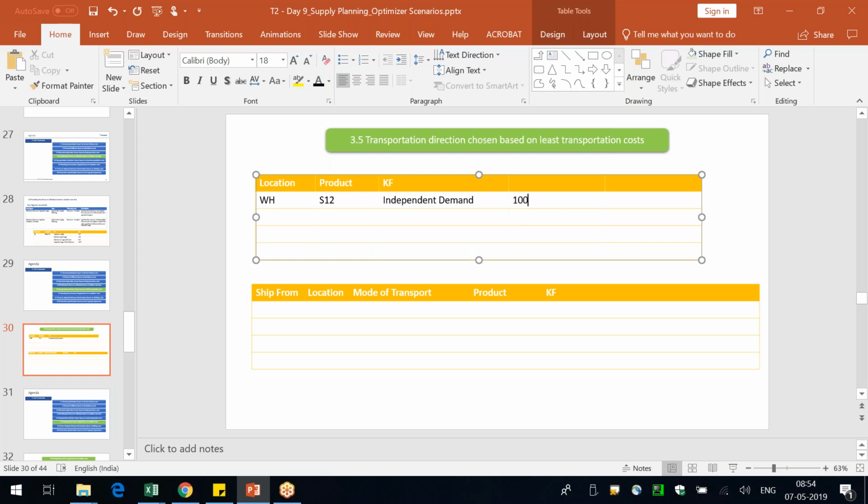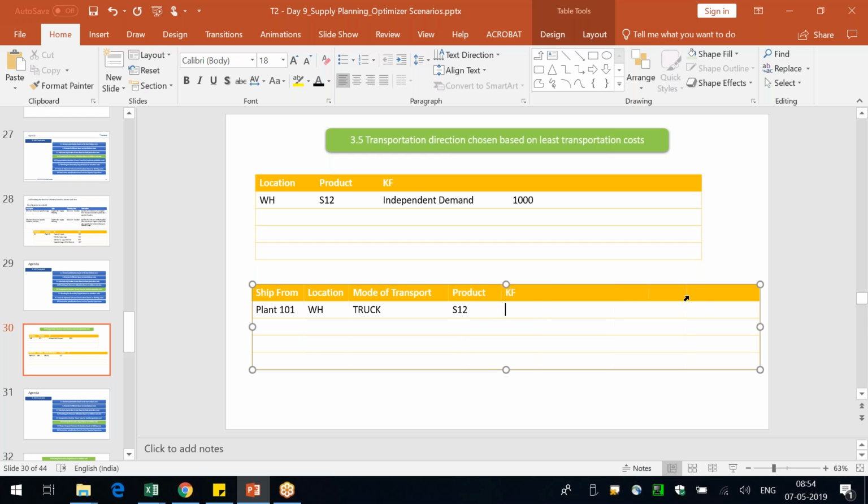Okay, there is 1,000. Now let's assume it has only one transportation lane. Ship from is only plant 101 connected to the warehouse. Mode of transport is truck, and the product is S12. And here the key figure.